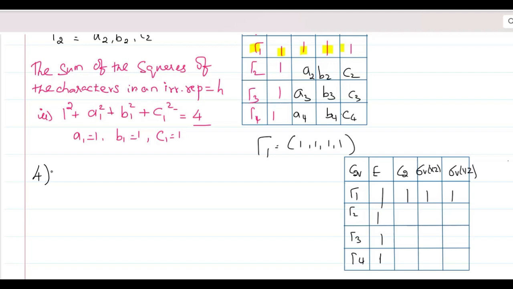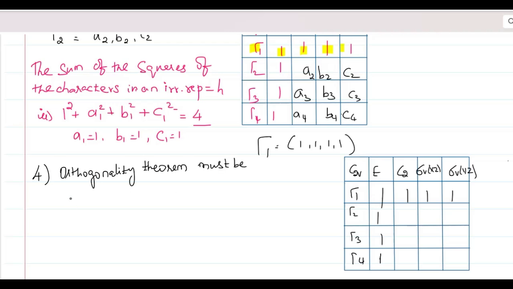What is the fourth rule? According to that, the orthogonality theorem. The orthogonality theorem must be satisfied by all the symmetry operations.